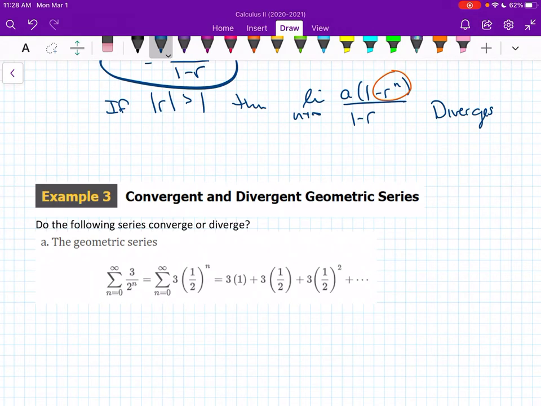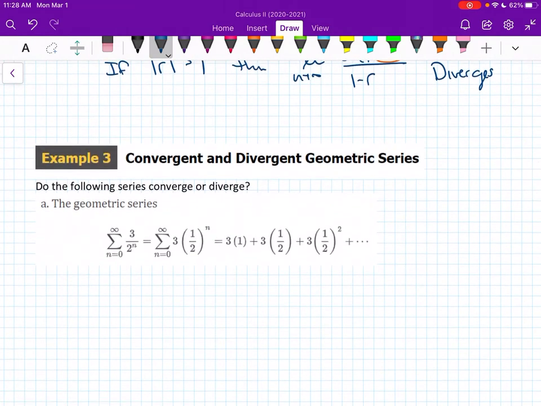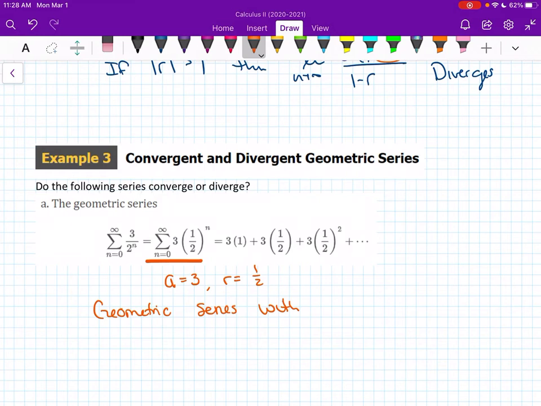Okay, so the first one is the series of 3 over 2 to the n, which we can rewrite like this. If we rewrite it like this, we see that a is 3 and r equals 1/2, so we can identify that this is a geometric series with r equals 1/2.